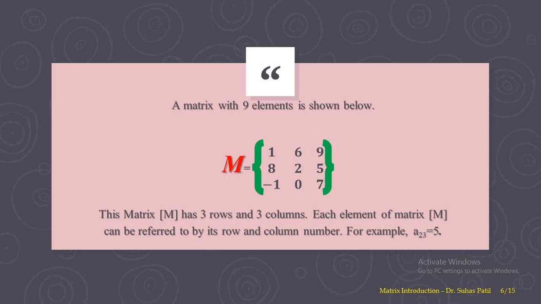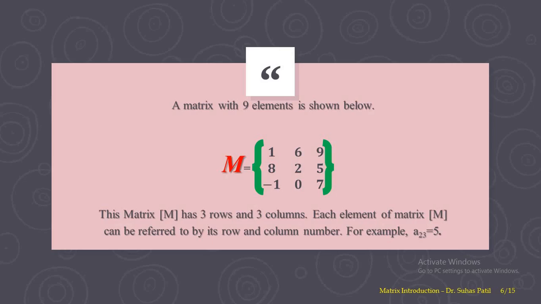So this matrix M, as we previously discussed, has 3 rows and 3 columns. Here we are going to see the position of an element. For example, here we have a_23 equal to 5.